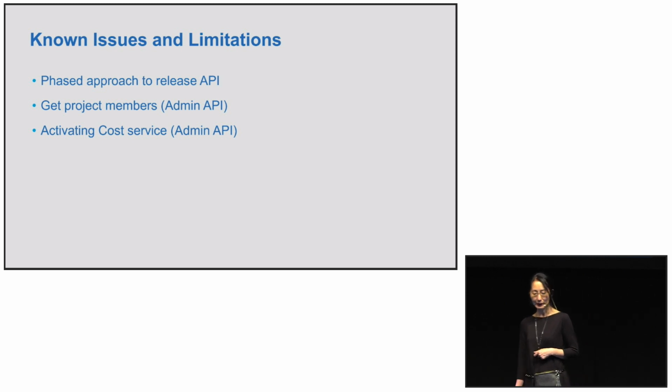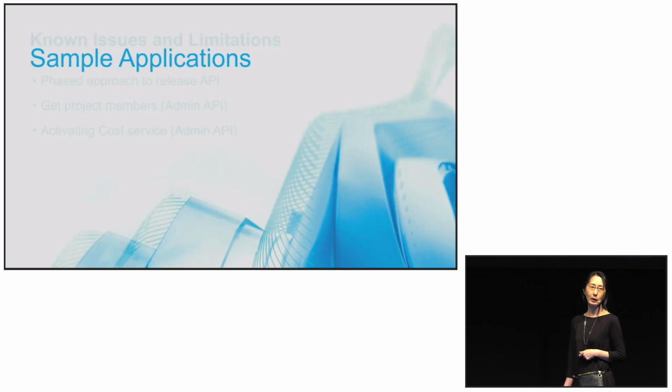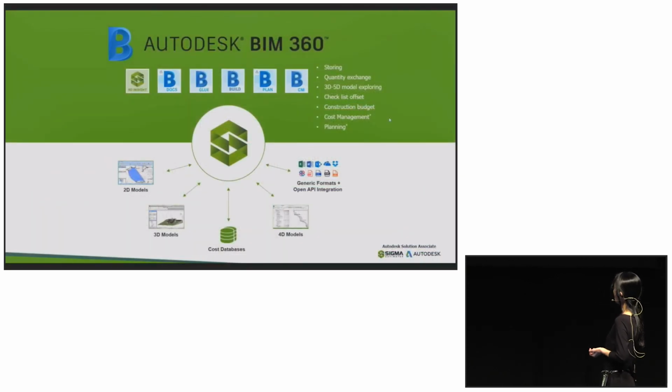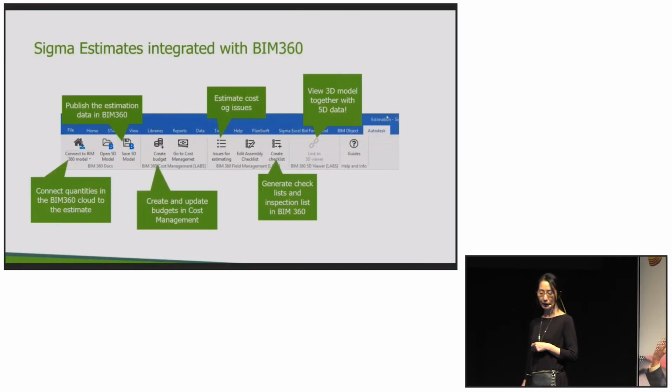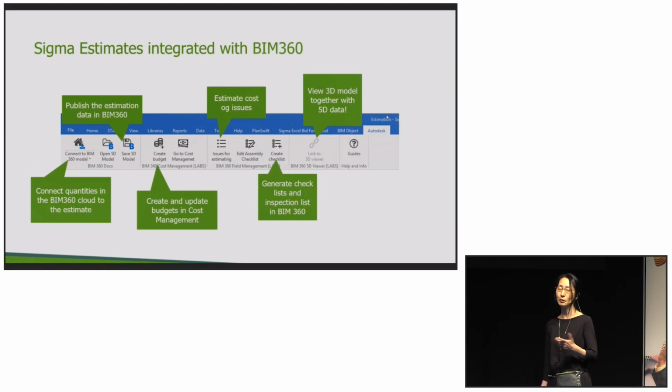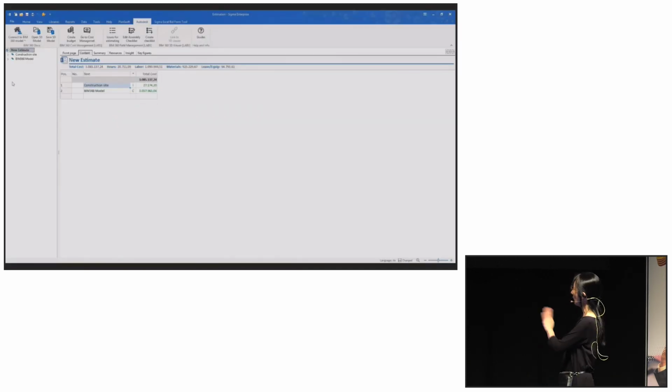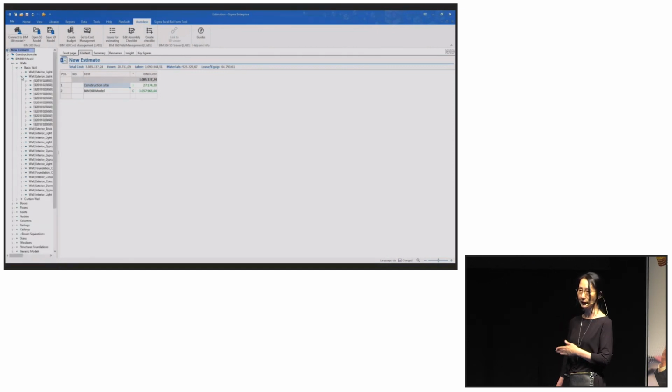And sample applications, so the Sigma, this is the one Jim Quancy showed very quickly this morning, and the similar videos. The Sigma estimate already has Revit add-ins, and uses models like shown here. They have the integrations in BIM. On the left side, you see the BIM360 project listing, and from there you have connections.